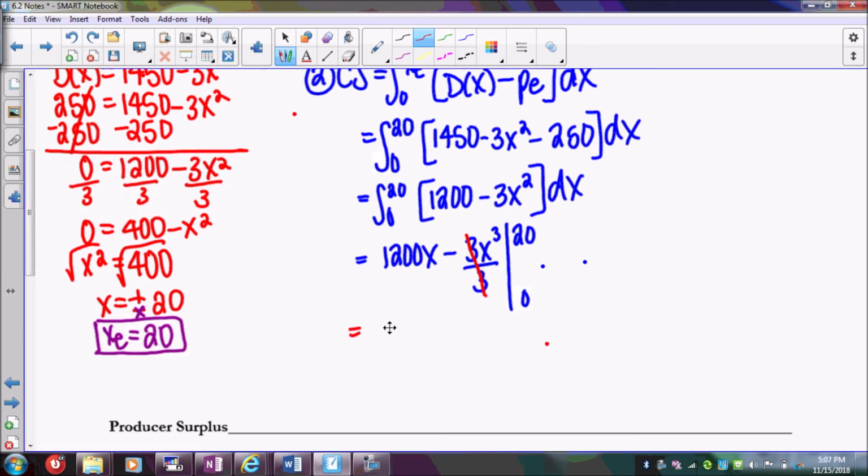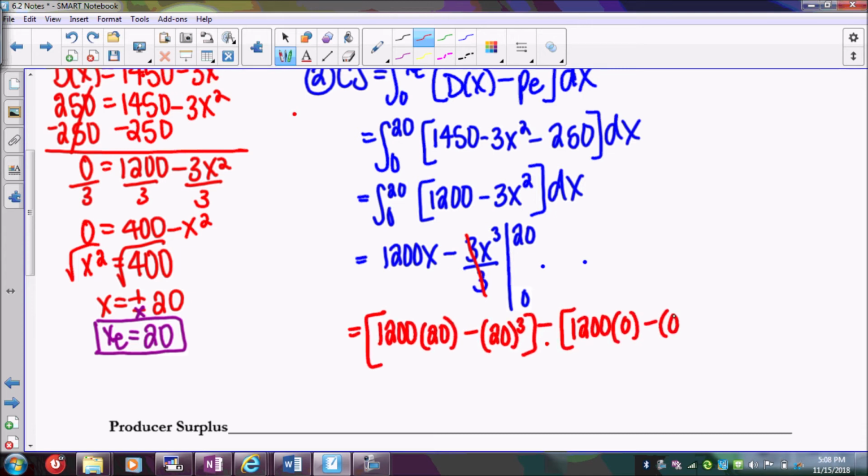So now I can plug in. I have 1200 times 20 minus 20 to the third. There's plugging in 20, so I want to get that entire number. And then I'm going to plug in 0, which you're going to see a lot with these: the second part will often go to 0, because when you plug in 0, the numbers multiply out and the whole thing ends up becoming 0.